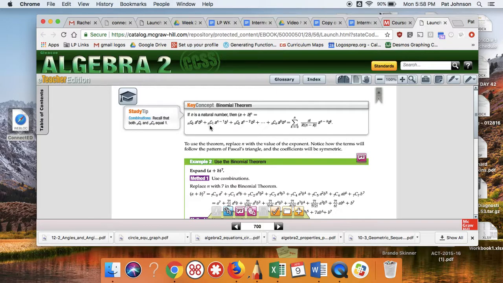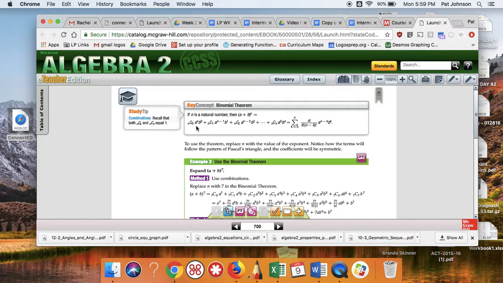So this number right here, the r, is going to represent whatever the power of b is. Okay, so technically, when you're putting this into your calculator in a probability, n is going to be the power of the binomial, and then r is going to be, if you wanted the coefficient of the 5th term, 5 minus 1.